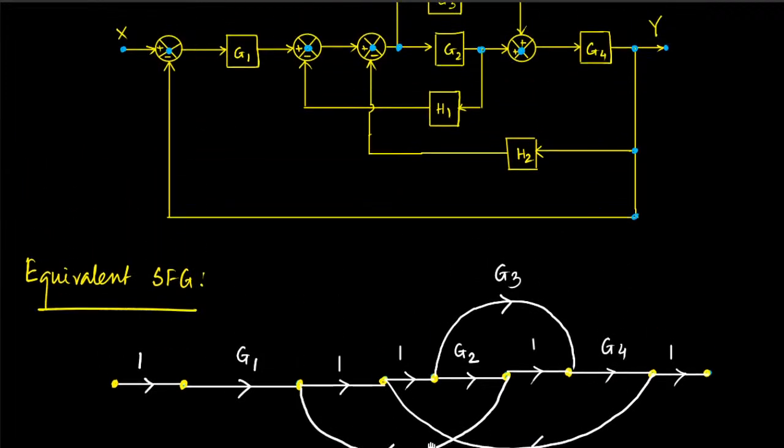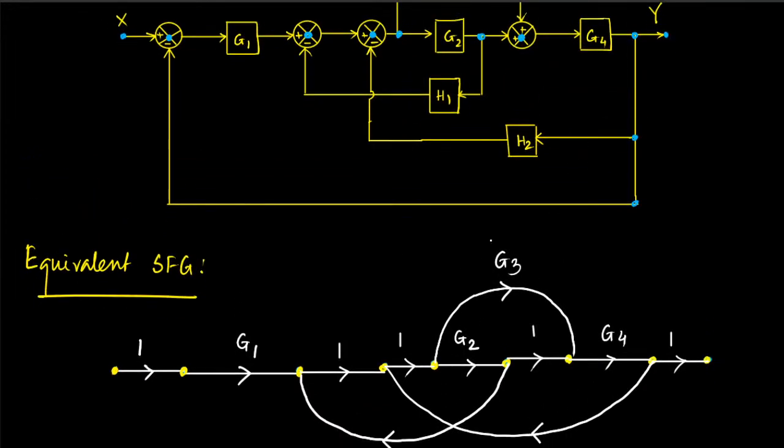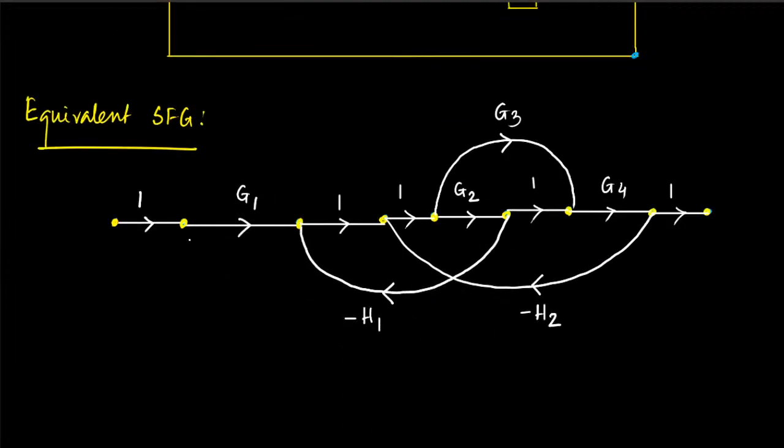All right, and then we have an overall feedback here like that. So that's again coming from the same point here and going to the first one. Okay, I cannot draw really.